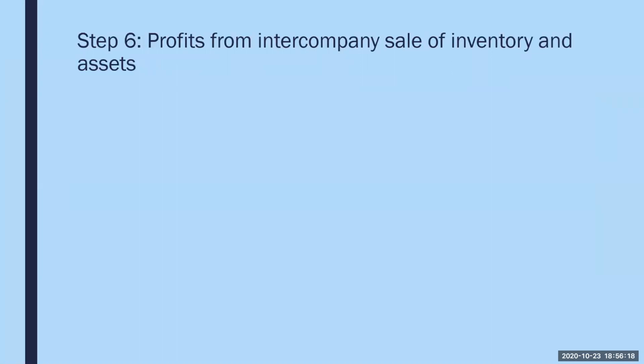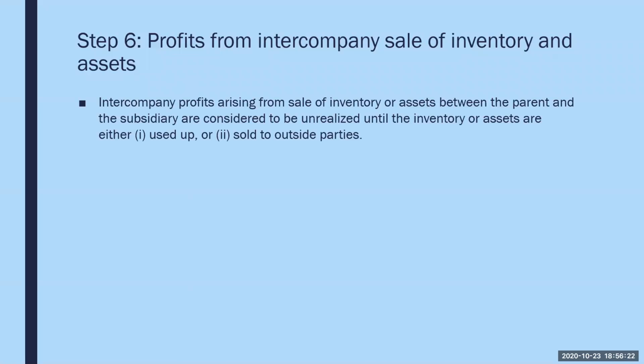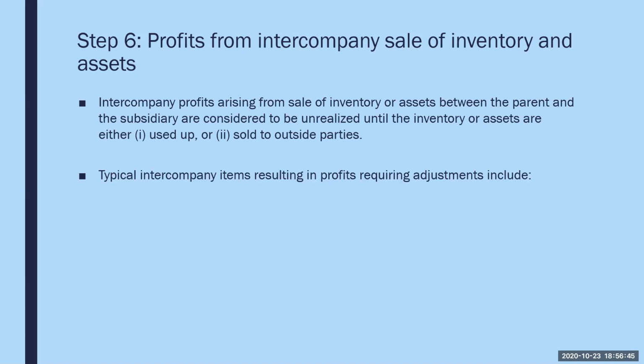Step 6, the intercompany profits. So intercompany profits that arise from the sale of assets, inventory, or other assets between the parent and the subsidiary company are considered to be unrealized until such inventory or assets are either used up or sold to outside parties, similar to what we saw in topics 4 and 5 for the investments in associates and joint ventures.